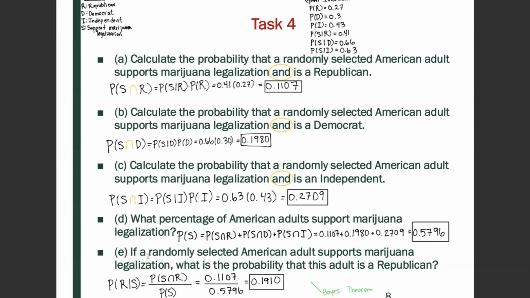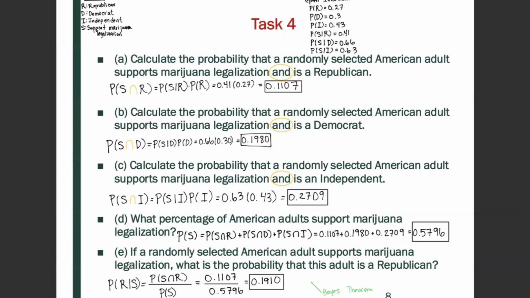Part E. If a randomly selected American adult supports marijuana legalization, what is the probability that this adult is a Republican? So here we're going to use Bayes' theorem. Sorry, I said that wrong.